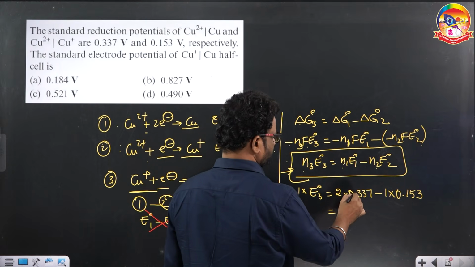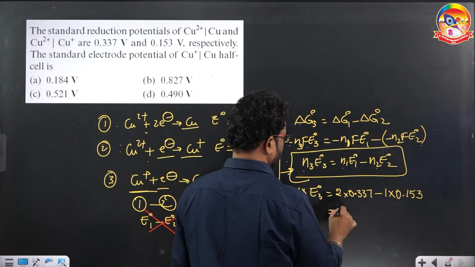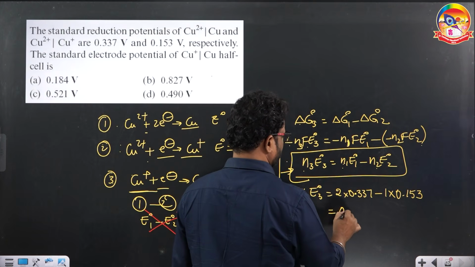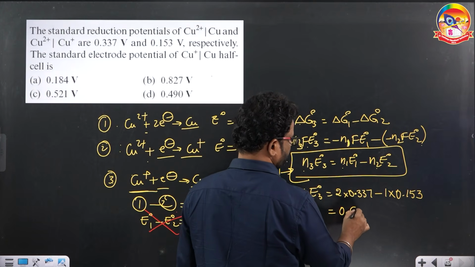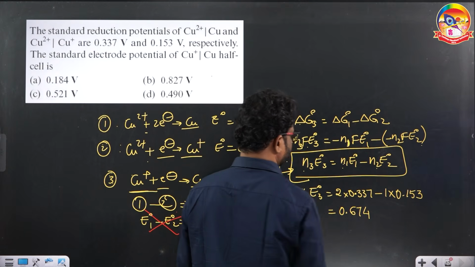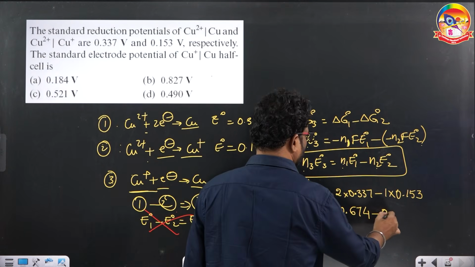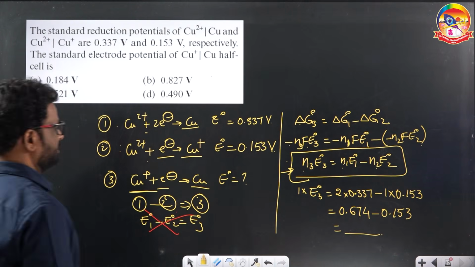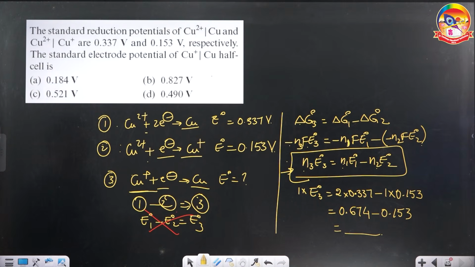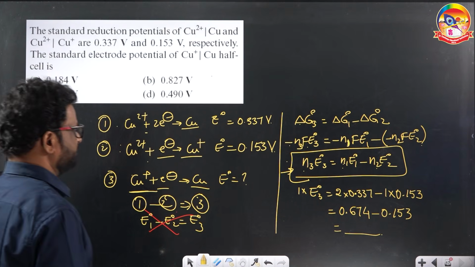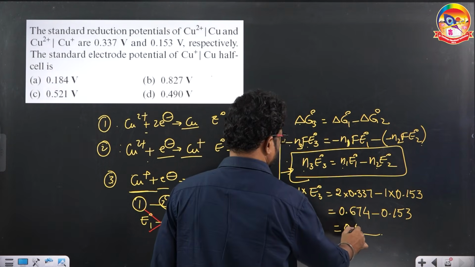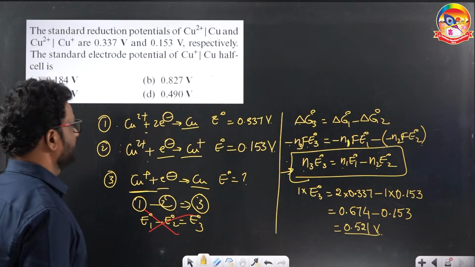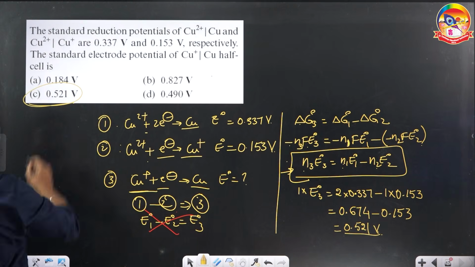That means this 2 into 0.337 is 0.674, minus 0.153, that gives 0.521. So that will be the answer for this question.